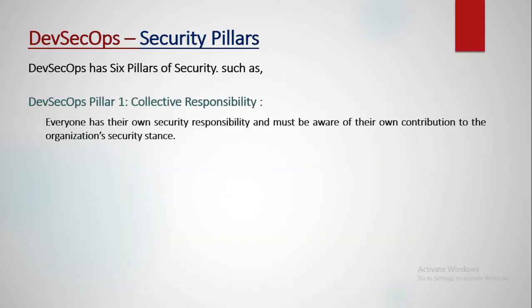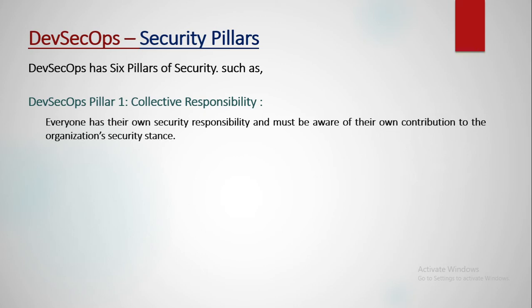Okay. When it comes to the DevSecOps security pillars, according to the Cloud Security Alliance, they separate DevSecOps security into 6 pillars. Here, I describe them one by one. First one is collective responsibility. That means changing the mindset of the organization, its customs, behaviors and ideas regarding software security.